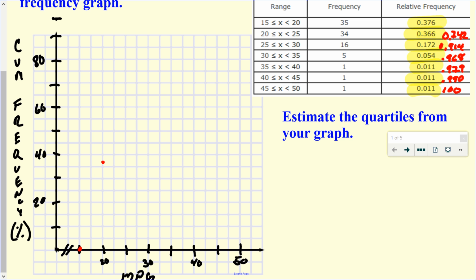Okay, so our next one we got to plot is 0.742. So that is at 25. Where's this one? So 0.742, 70, right there. 35, because we're always plotting on the upper bound, is 0.968.